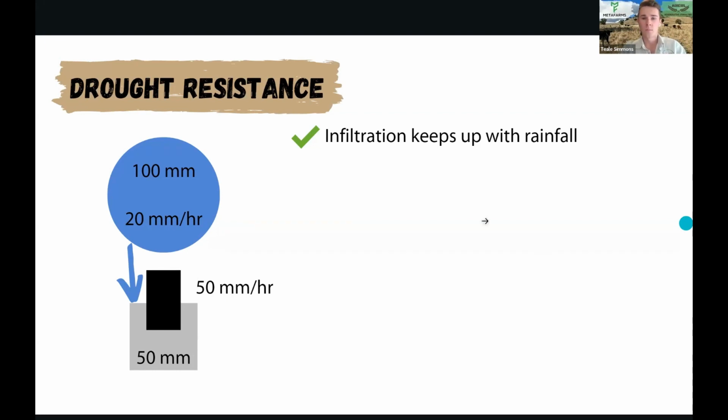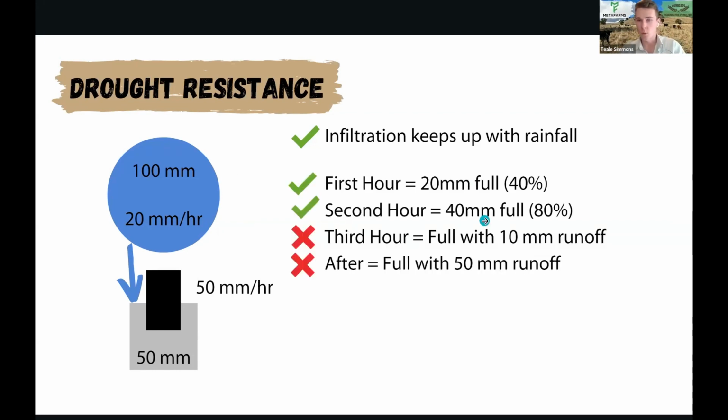In the first hour, we're going to capture all 20 mils, so it's going to be 20% full. Second hour, we're going to capture all the water as well, so it's going to be 40% full, 40 mils full. But in the third hour, we're full, and so we can't capture any more water. After that, once the water holding capacity is full, with 50 mils we're going to lose 50 mils to runoff.